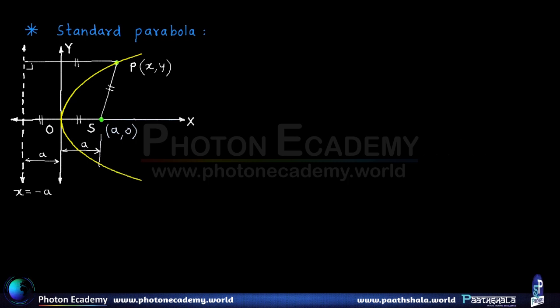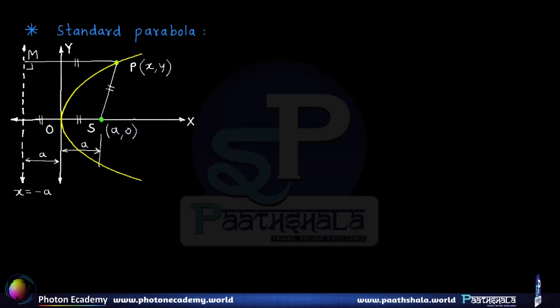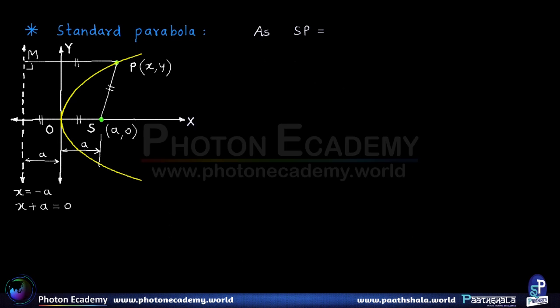Let us call the foot of the perpendicular M, as shown here. Now the equation of the directrix can be written in standard form, which is x plus a equal to 0, right? Now to derive it, we start off with the known condition that SP has to be equal to PM, isn't it?